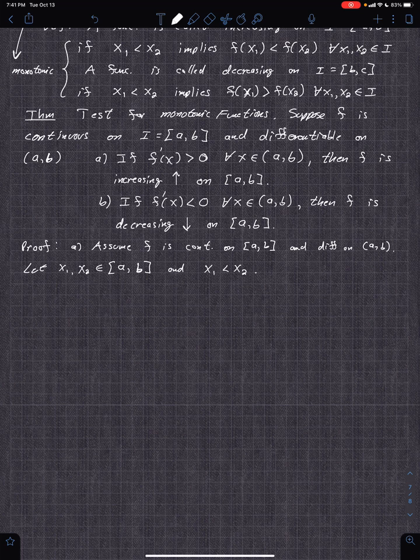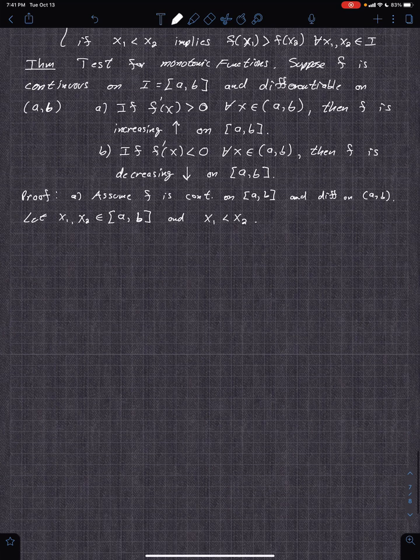All right, so then if f is differentiable on the open and continuous on the closed, you automatically get the mean value theorem. So we can basically just say that. So by the mean value theorem, what does it say?